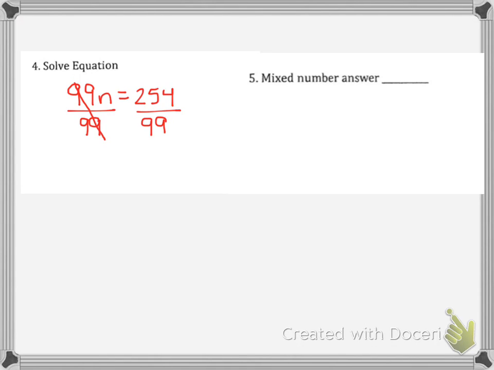And so we have this fraction of 254 over 99, which is equal to n. That is what n is equivalent to. That is the correct fraction. But we need to change that to a mixed number. So we divide that in, and that is going to come out to 2 and 56/99.